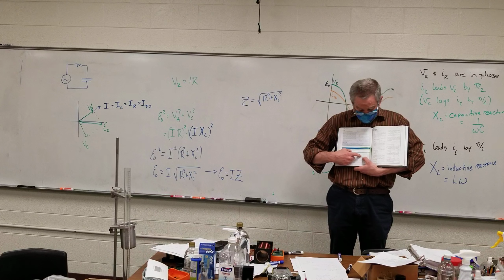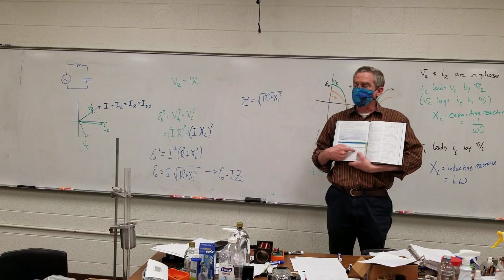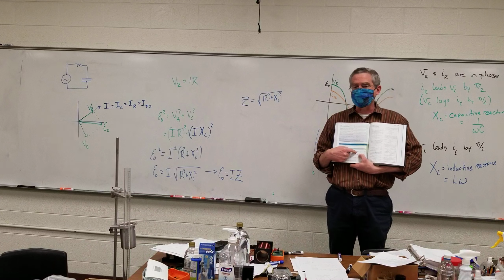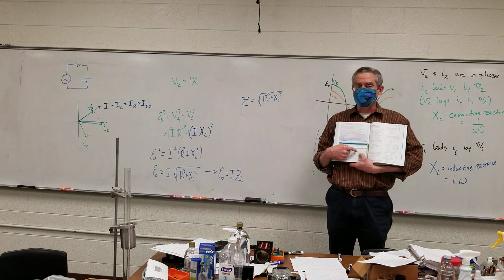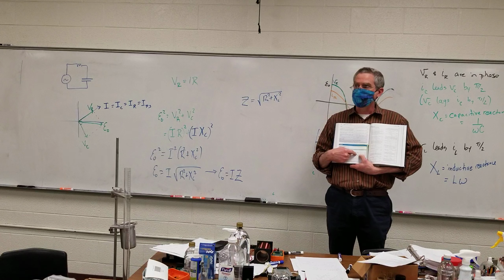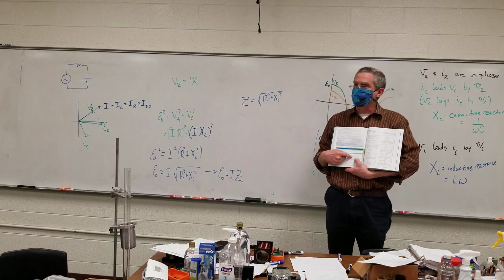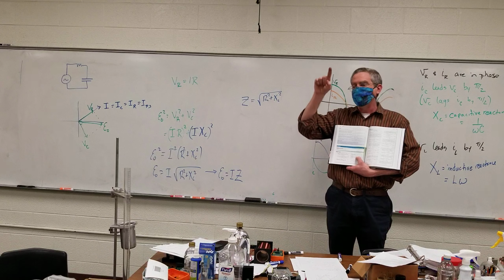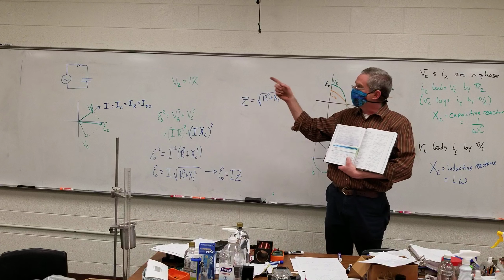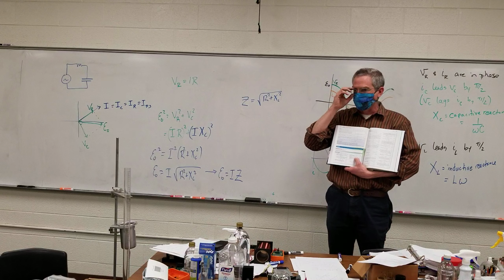Z equals the square root of X_L minus X_C, squared, plus R squared. That is specific to an RLC series alternating current circuit. It is specific to one type of circuit. Please do not use this equation unless you have the resistor, inductor, and capacitor all in series with an AC power supply.